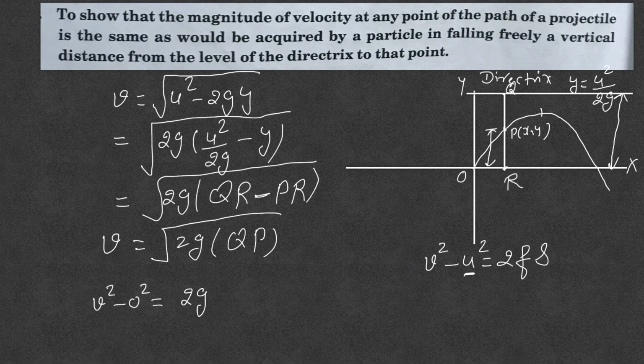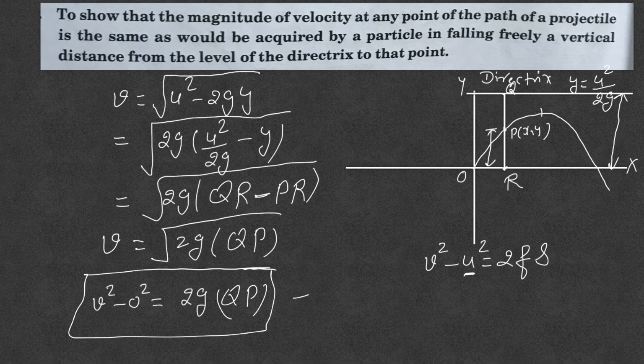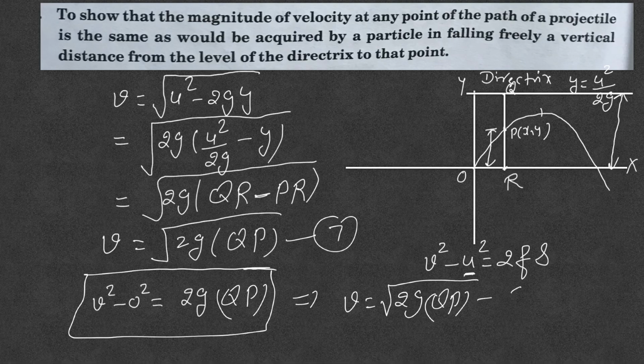So this will be 2g times the height it will fall, from Q to P. We have to find the velocity it will acquire when it is allowed to fall freely from here. Reaching this particular point, it will travel the distance QP. So this is the velocity, v equal to the square root of 2g QP. Let me name these as equation number 7 and equation number 8.